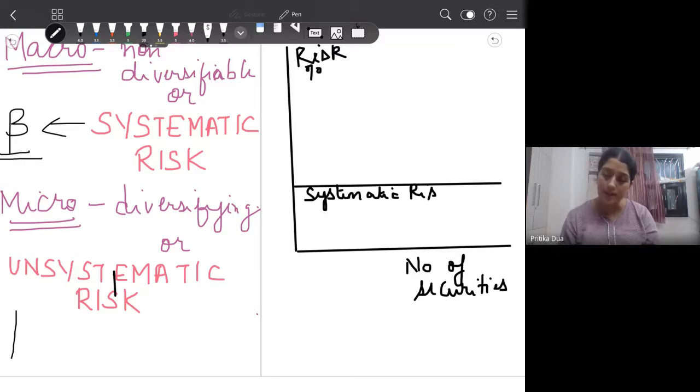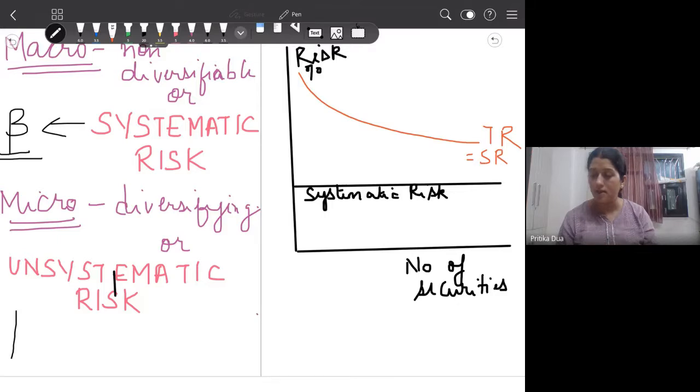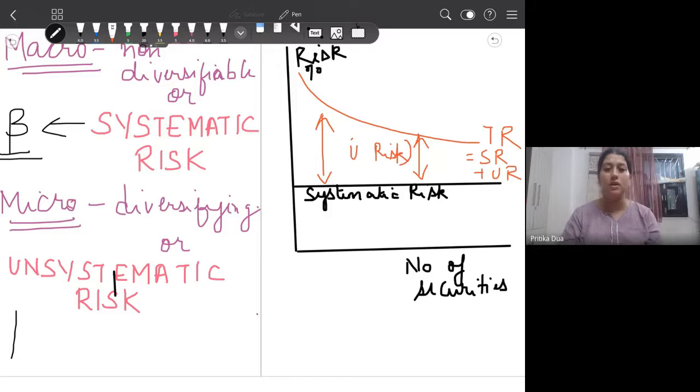On the other hand, to depict the total risk, I will have a downward sloping curve. Now, total risk is the sum total of systematic risk plus unsystematic risk. So this difference that you are now seeing is nothing but the unsystematic risk of the investment, and as you see, this is falling with the increase in the number of securities.